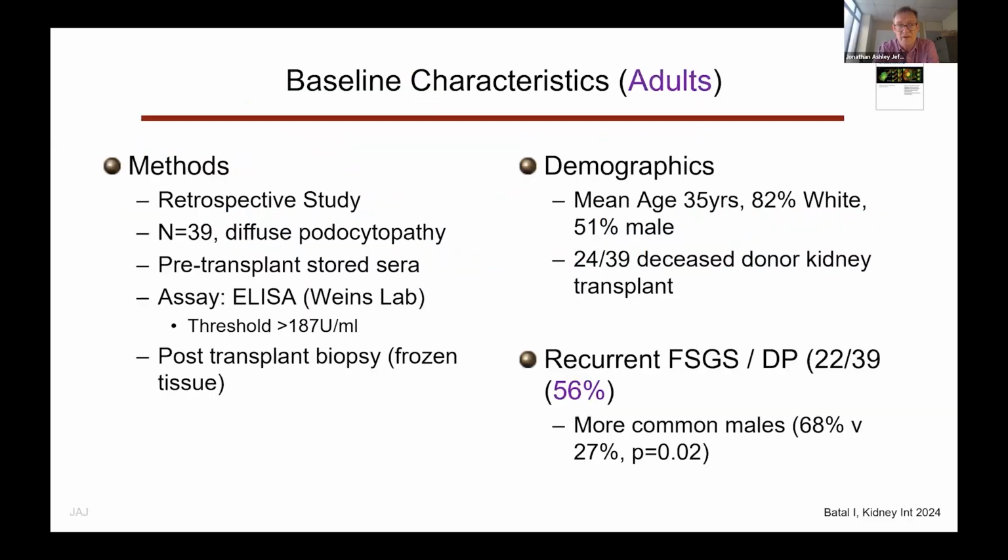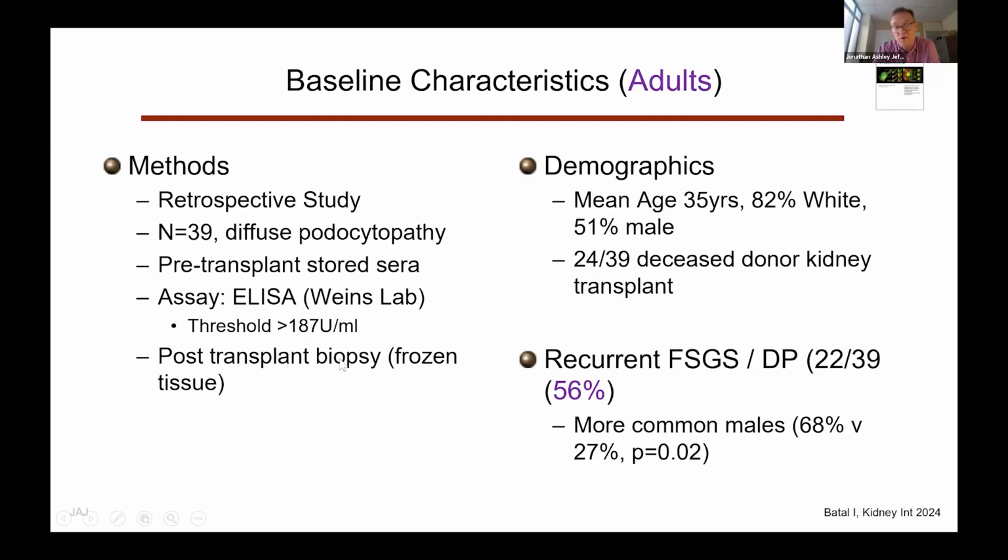This is a study from 5 centers in the States and abroad. They looked at 39 patients who had diffuse podocytopathy that reached end-stage renal disease and presented for transplant. They had pre-transplant stored serum. They used the standard ELISA from the Vines lab.